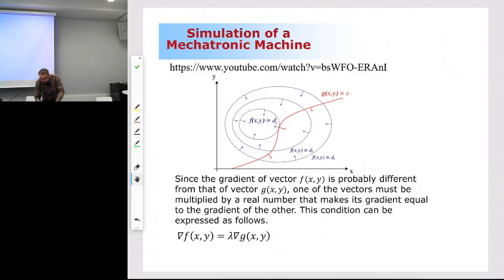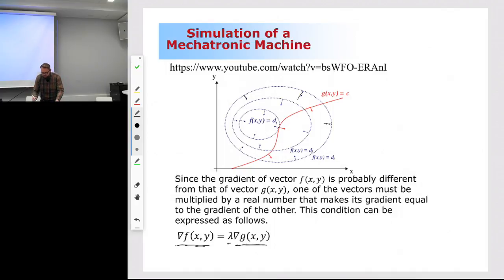So I have the gradient of the original function, and the gradients are all over the place, but in one location the gradient of the function and the gradient of the constraint are parallel. Because the lengths of these gradients could be different, we use Lagrange multipliers to match them.